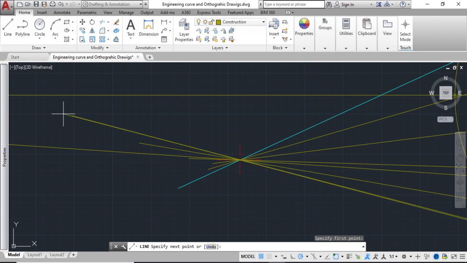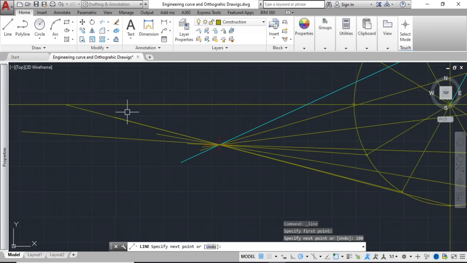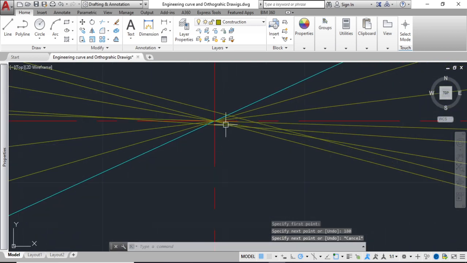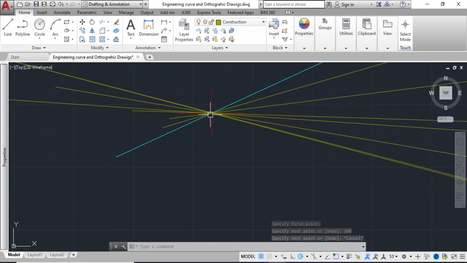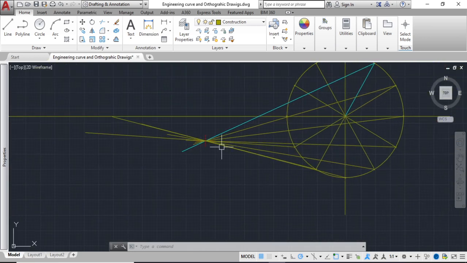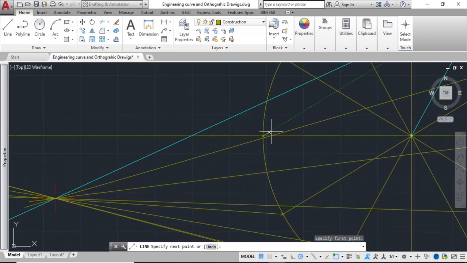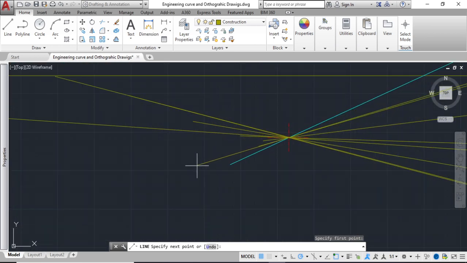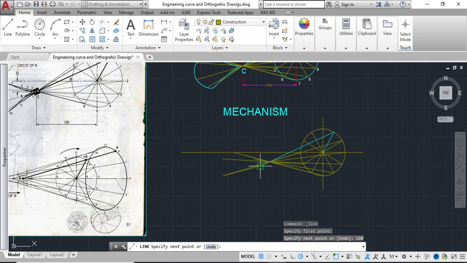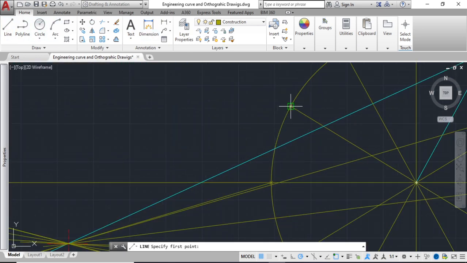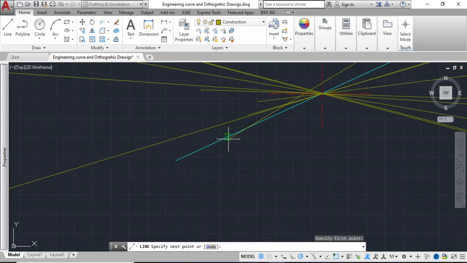Pass through the center. 180. Enter. Alright. It doesn't fully pass through the center, but something is better than nothing. Alright, so boom. 180. Enter. 180.